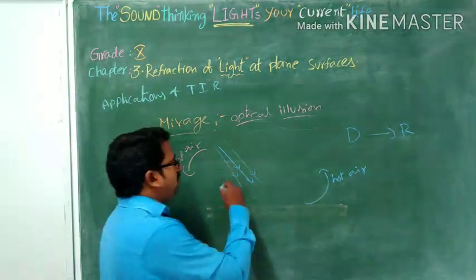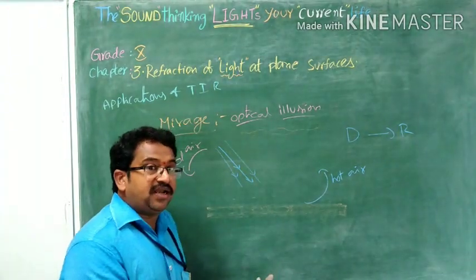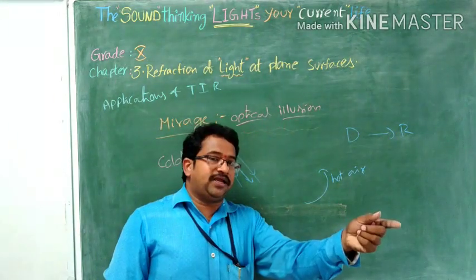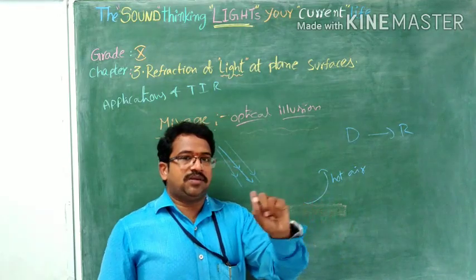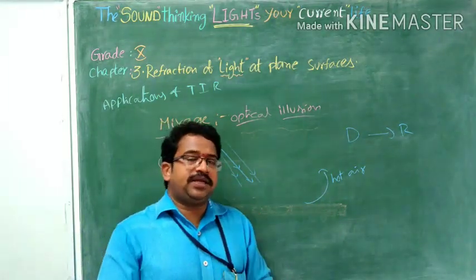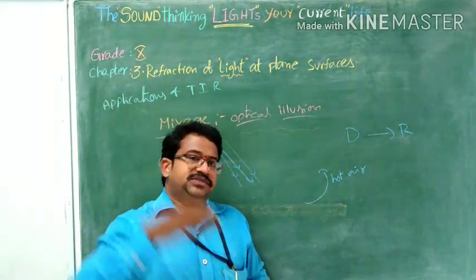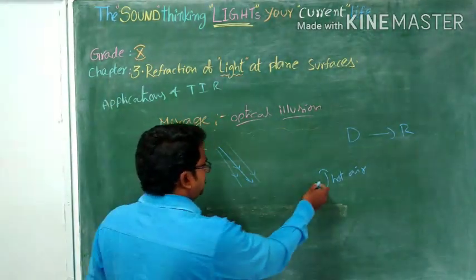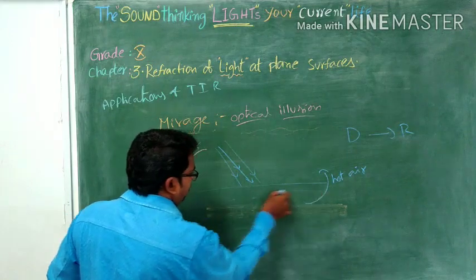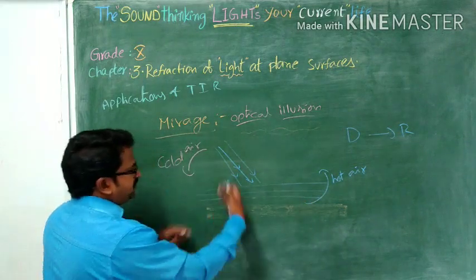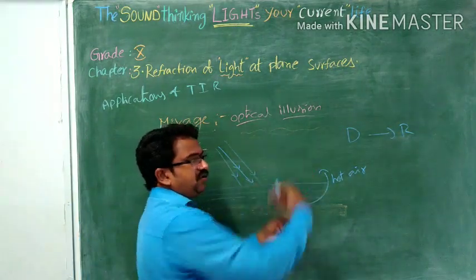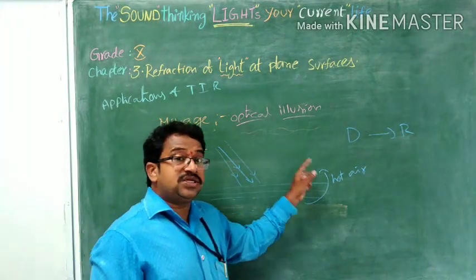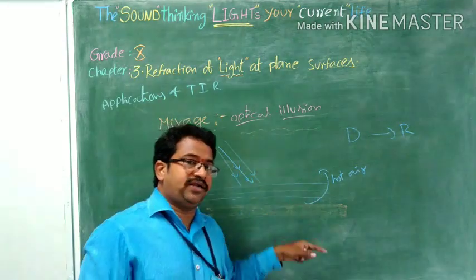Out of these, a few incident rays may have an incident angle more than the critical angle. Remember carefully here. The light is incident on this interface. The light is moving from denser to rarer, meaning cold air to hot air.